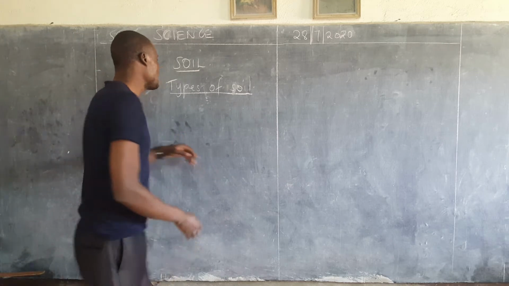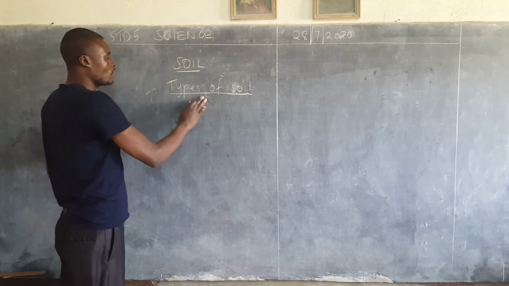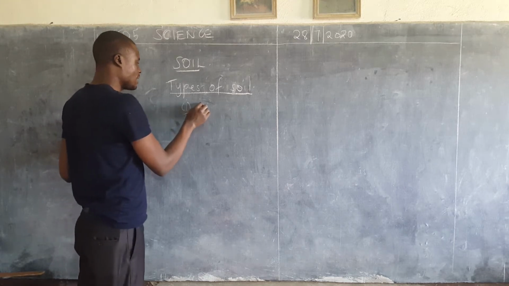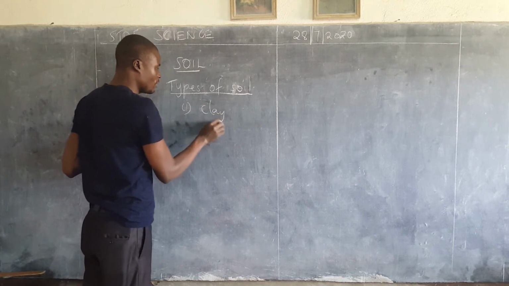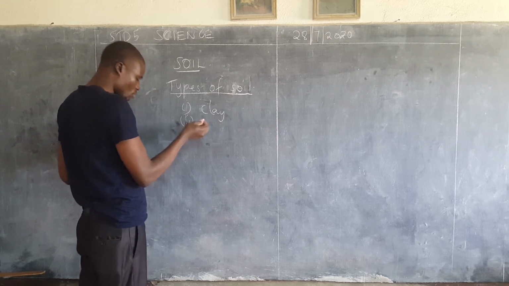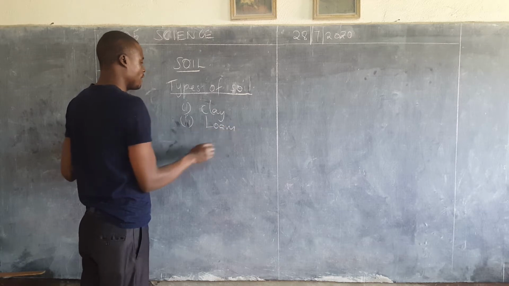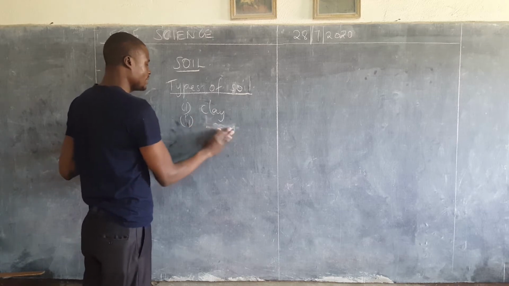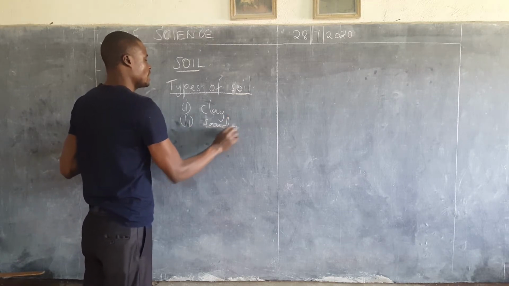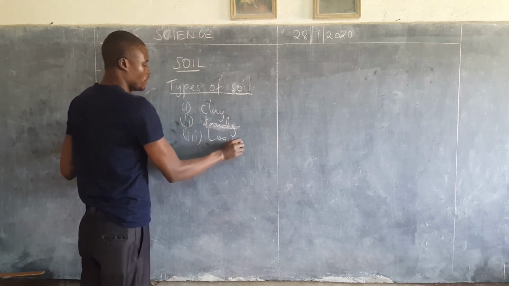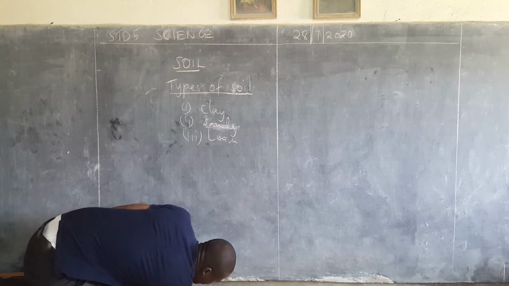Then we come to know the types now. We have 3 types of soil that we learned in class 4. Just to mention, number 1 is clay soil, number 2 is sandy soil, and number 3 is loam soil. Why have I arranged them like that in order?